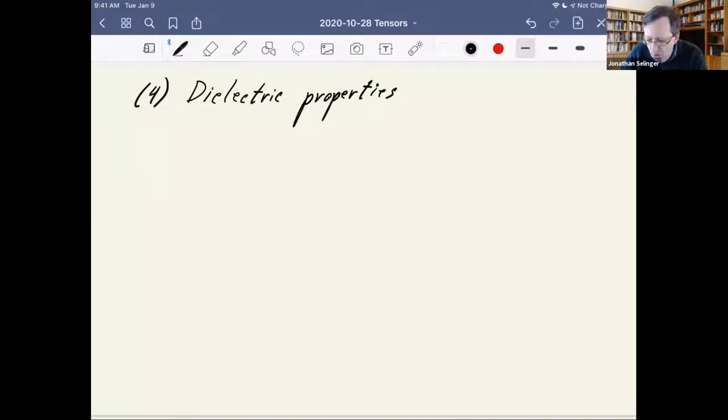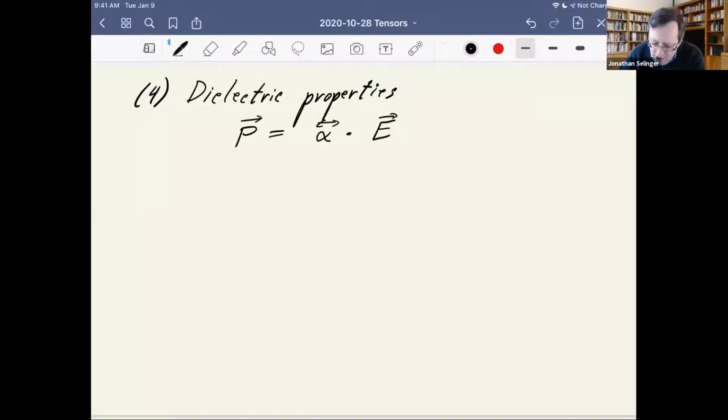Now they want to check the prediction that the polarization is a certain matrix, polarizability, dotted with the electric field.